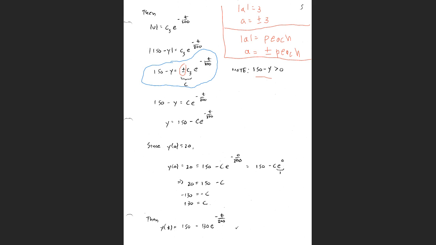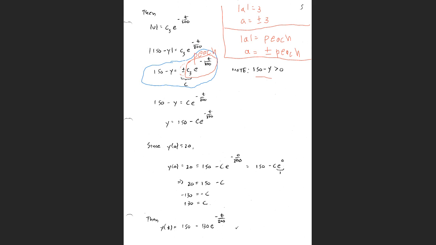I'll just take off this little red circle. The C3 times e to the negative t over 200 power, I'm treating that like my peach.